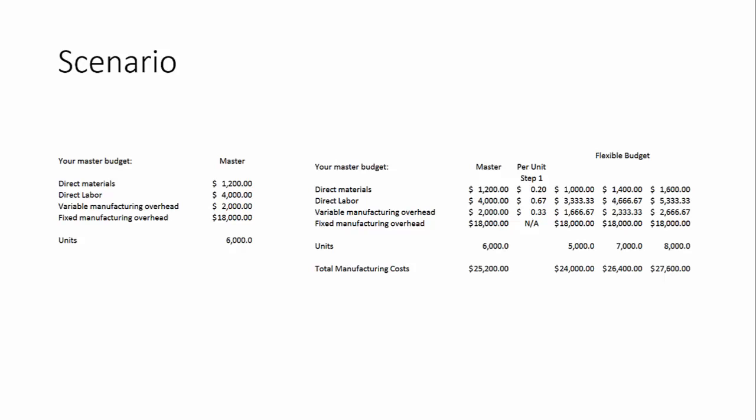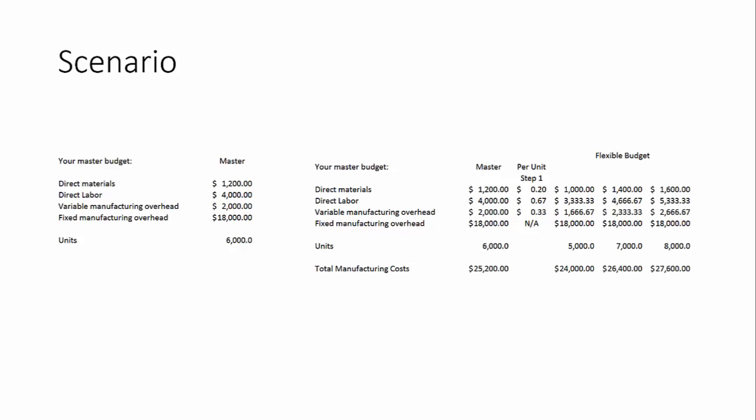Then your total manufacturing costs, for example, in the 5,000 unit budget, you would be adding up the $1,000 plus the $3,333.33 plus the $1,666.67 and the $18,000, and that gives you $24,000 for total manufacturing costs for that production level.